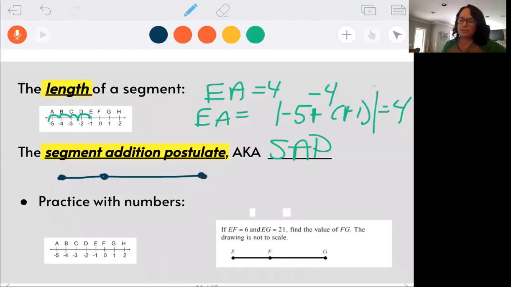Picture this as Highway 169, and we're going to travel from Zimmerman straight through Elk River and then head on to Rogers.